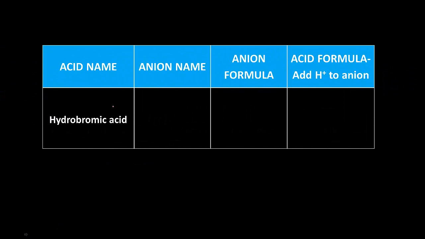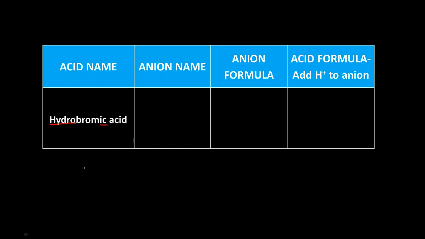Next example, hydrobromic acid. So we know it's an acid. So we're going to look at our name. It starts with hydro and it ends with ick. All night I was nauseous. I ate something icky. That doesn't work. I took a ride on a hydraulic plane.